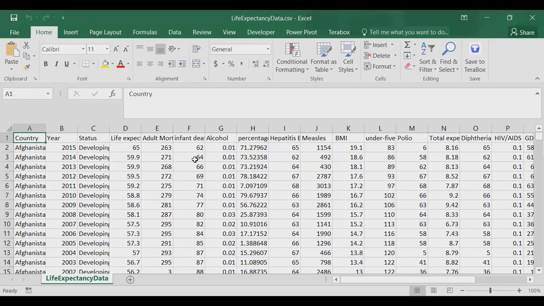You can see this is the table which contains life expectancy. It's very simple public data only.